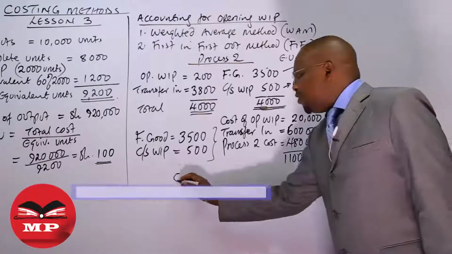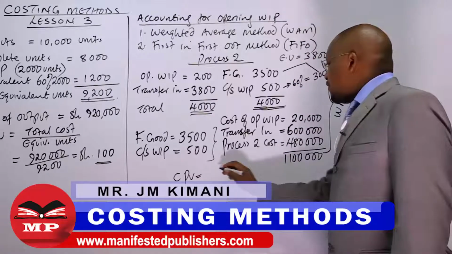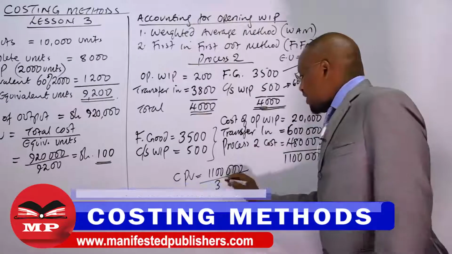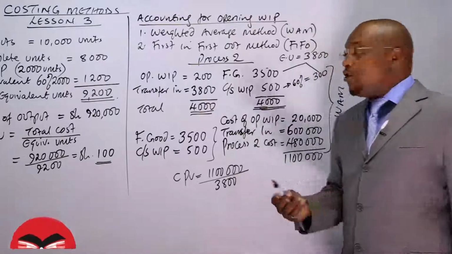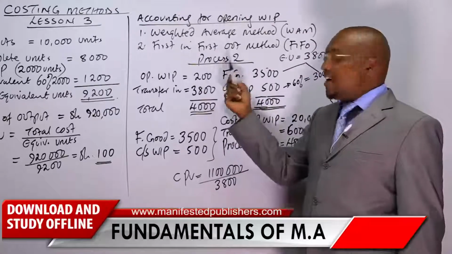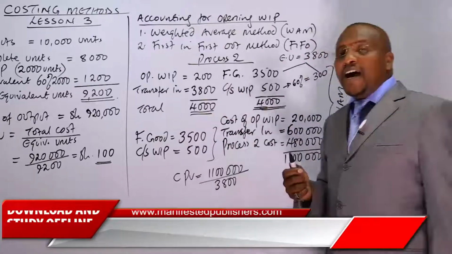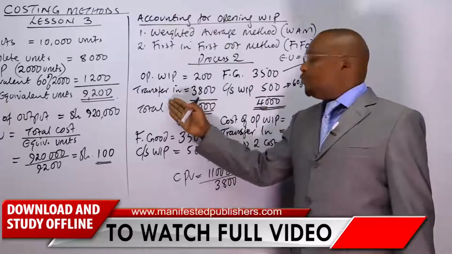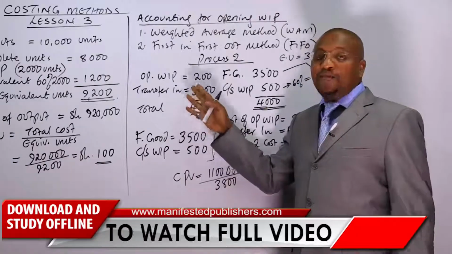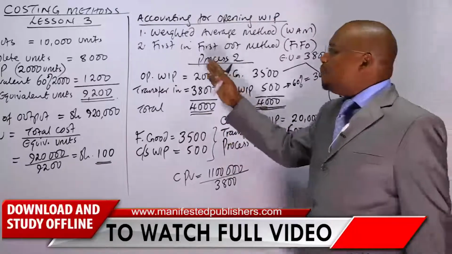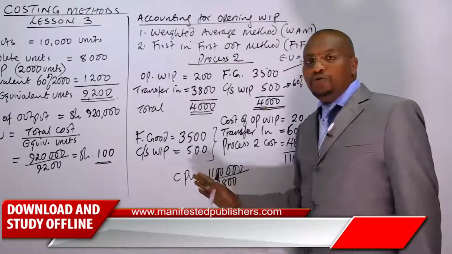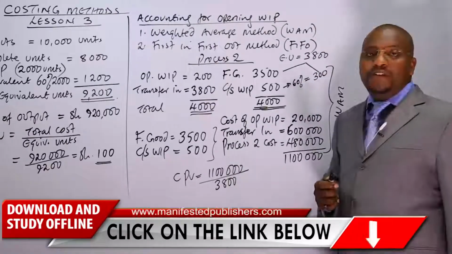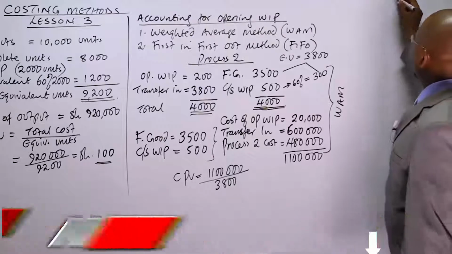If we want to get the CPU, we take the whole 1,100,000 and divide by the 3,800. There is nowhere we have kept track of these 200 units. That's my concern. It's like saying we have assumed we brought them in this time together with the 3,800, and that's how we have treated them. We have not regarded their completion rate. That is how we do it for the weighted average method. But if it is FIFO, then if we are doing a process, this is FIFO.